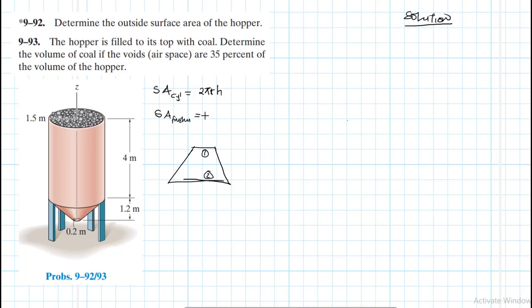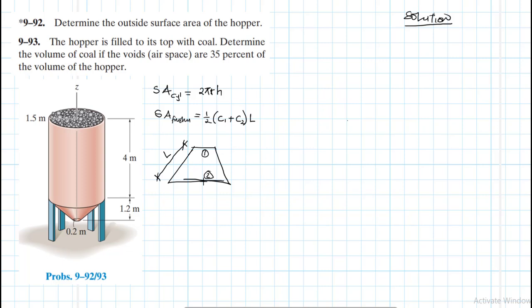The area is equal to half times the sum of the circumference of one side plus the circumference of the other side, and then times the length of one side, which in some books they call s.